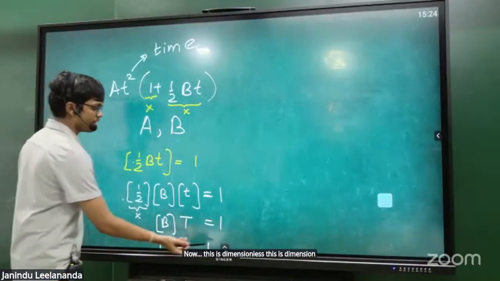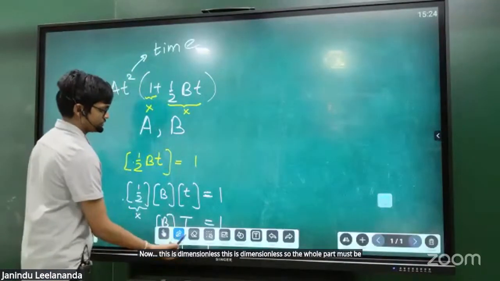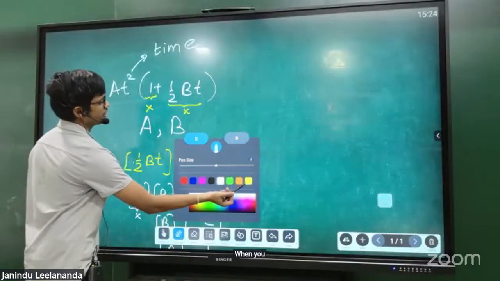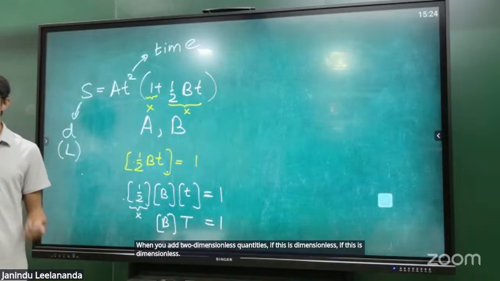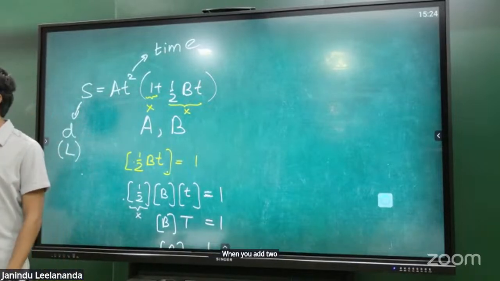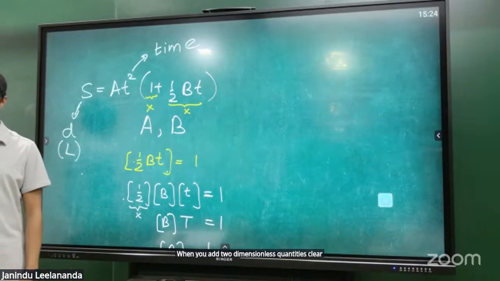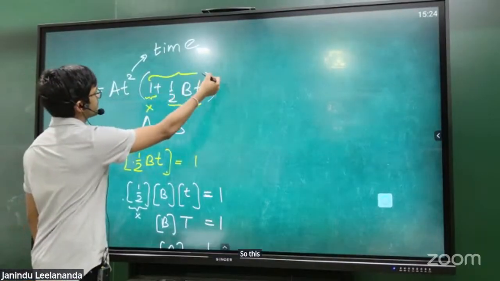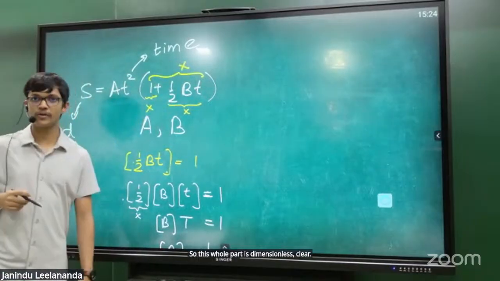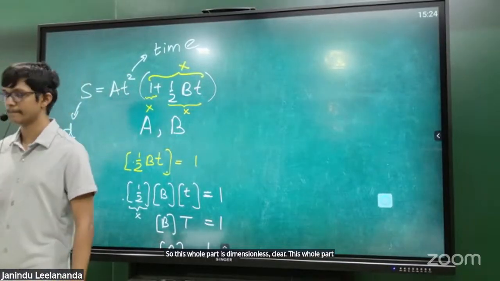Now this is dimensionless, this is dimensionless, so the whole part must be dimensionless, right? When you add two dimensionless quantities, you get something without a dimension. Clear?